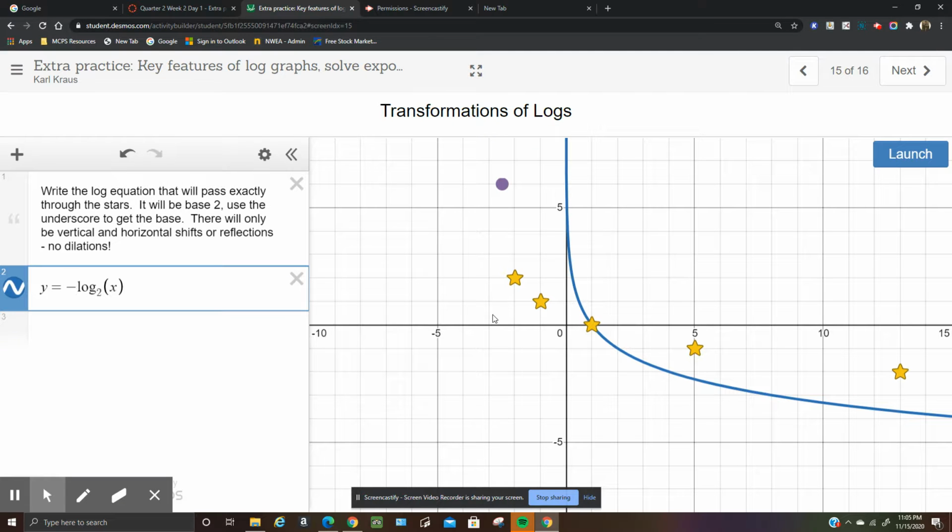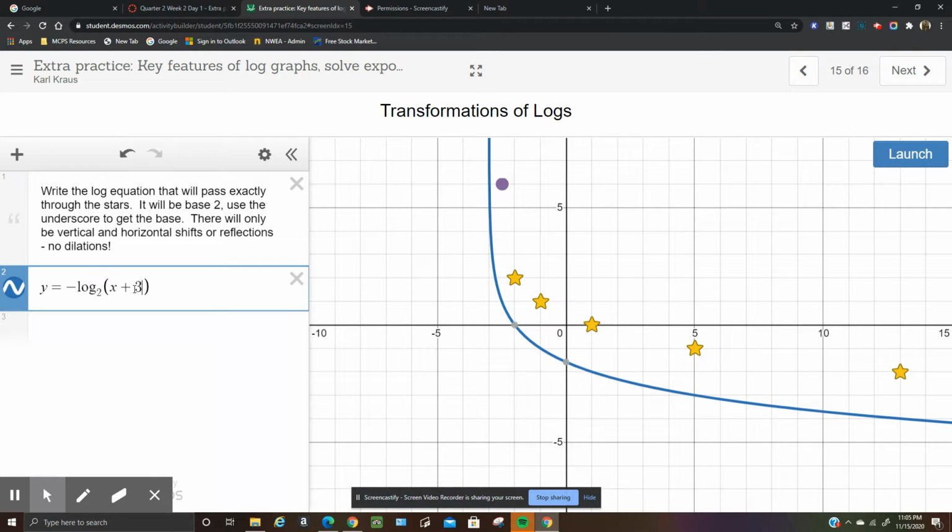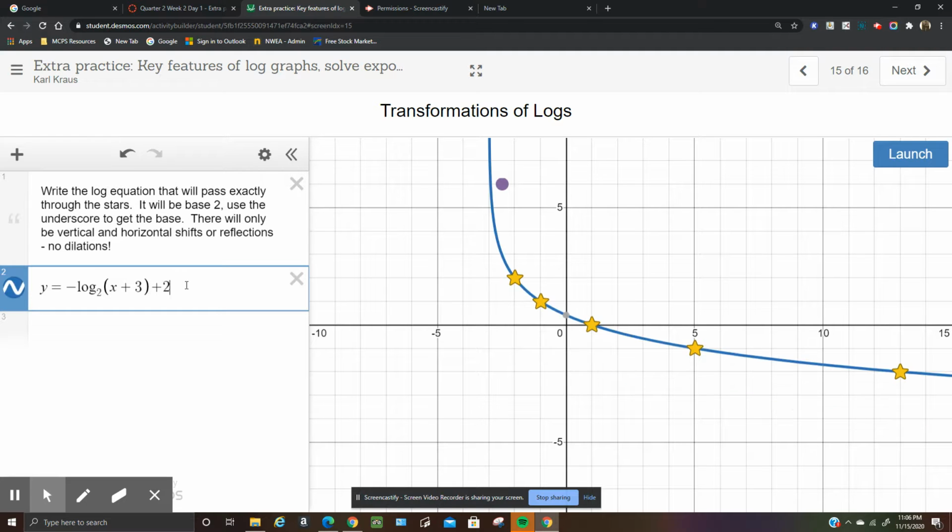And then look at this asymptote here. It's at 1, 2, 3, -3. So let's do +3 here. All right, and then I have to move this up a little bit. So if I look right here, it looks like up 2. So +2. There we go.